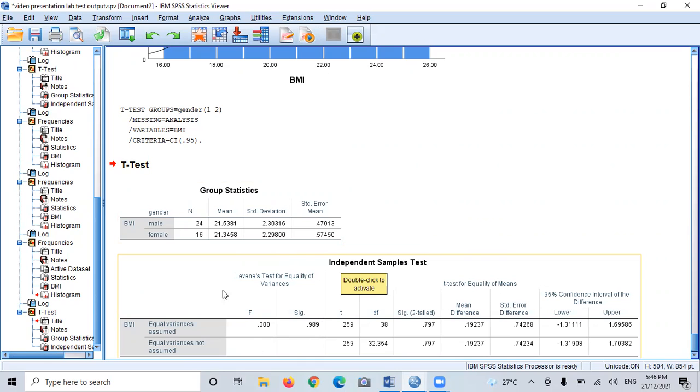The p-value for Levene's test is not significant since the p-value is 0.99. As the result is not significant, we will choose the first line.